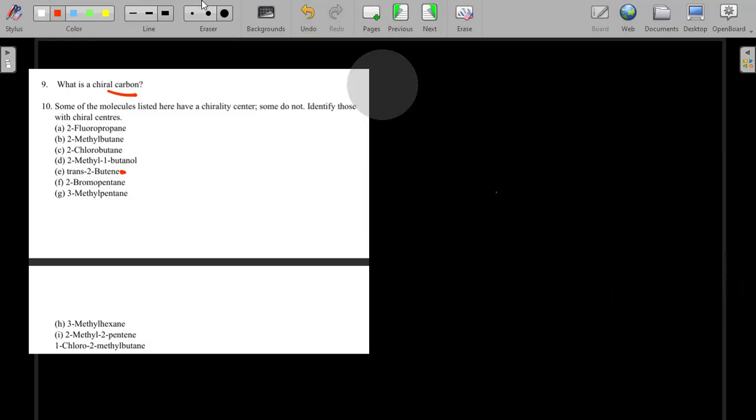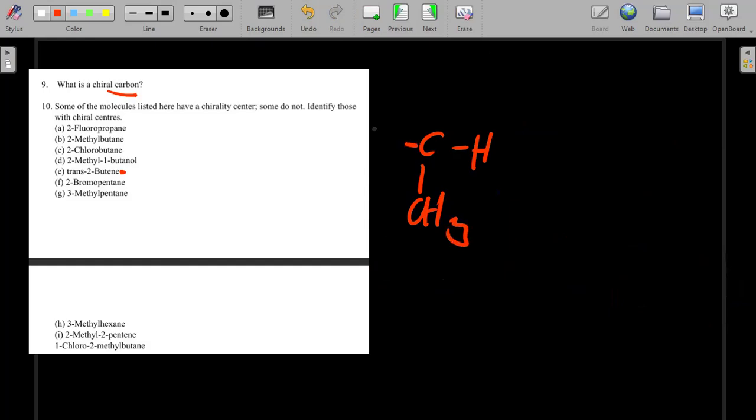It's attached to hydrogen, to a methyl group, to a halide, say chlorine, and to an alcohol. So these are 4 different atoms or groups attached to this carbon. So this carbon is a chiral carbon.